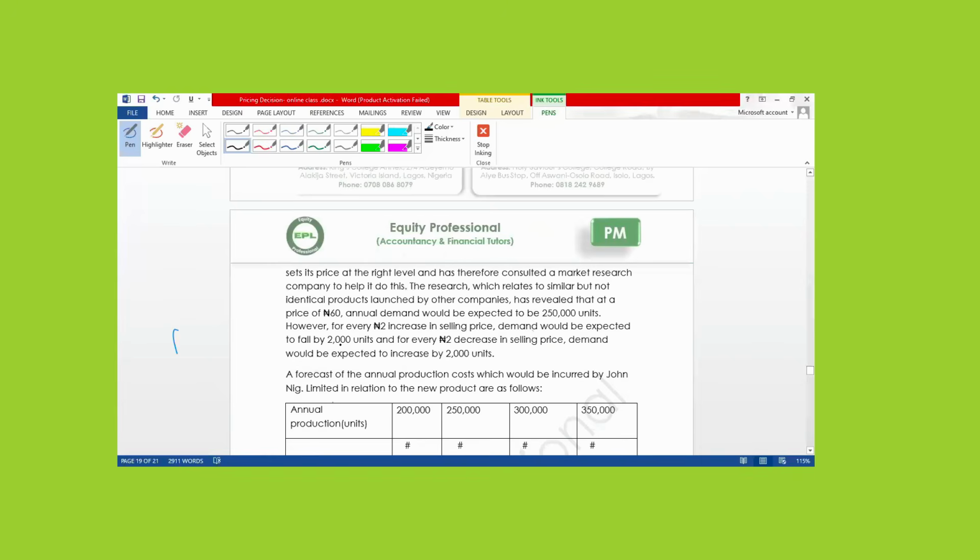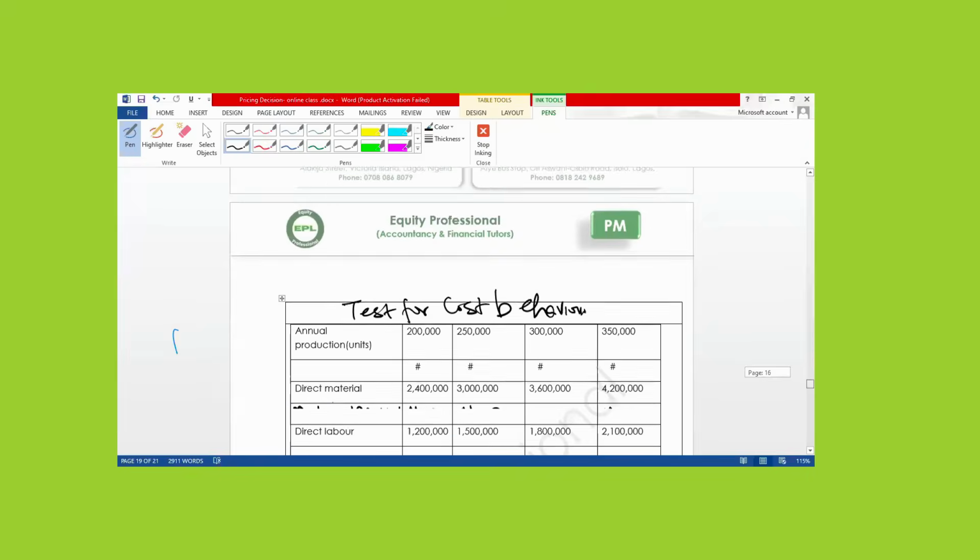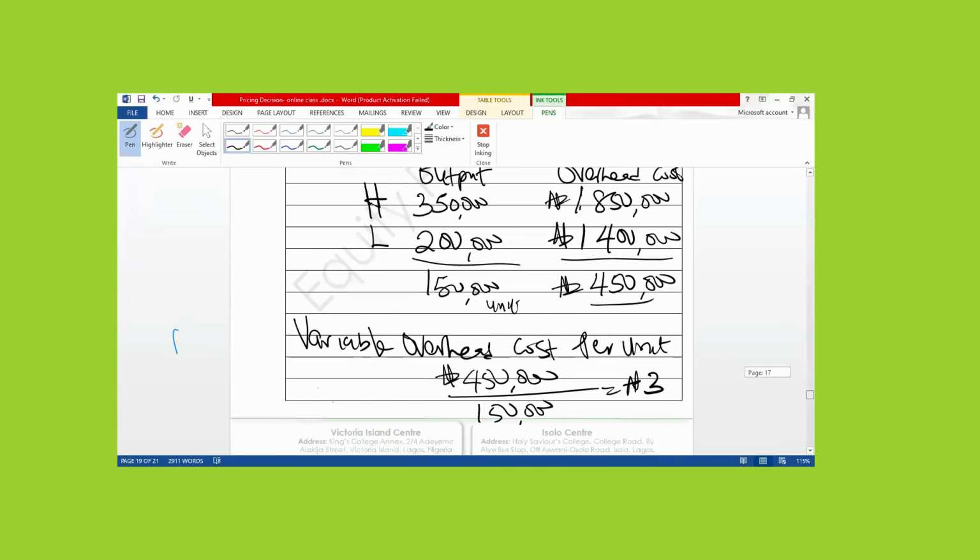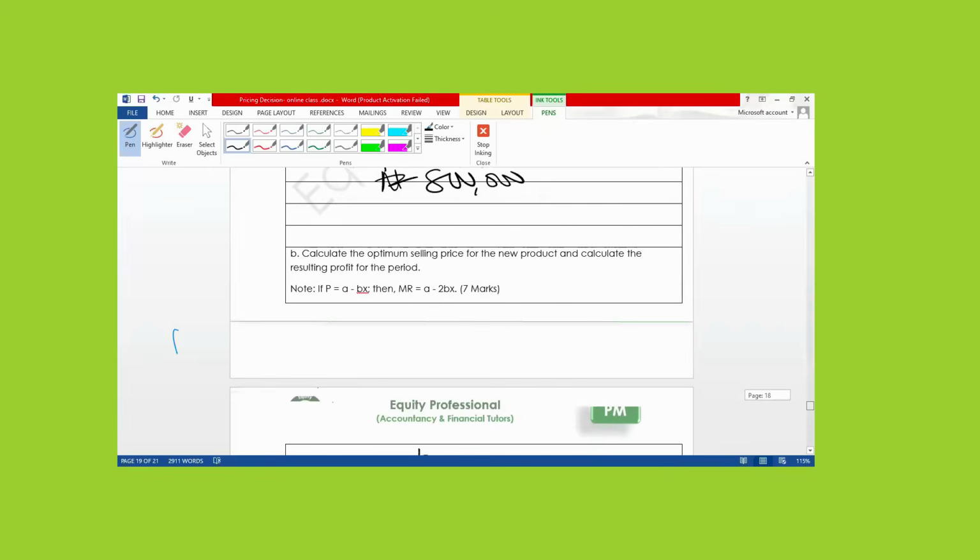Go back to the question. Examiner says, at a price of 60 naira, annual demand will be 250. So at a price of 60 naira, our P is 60.